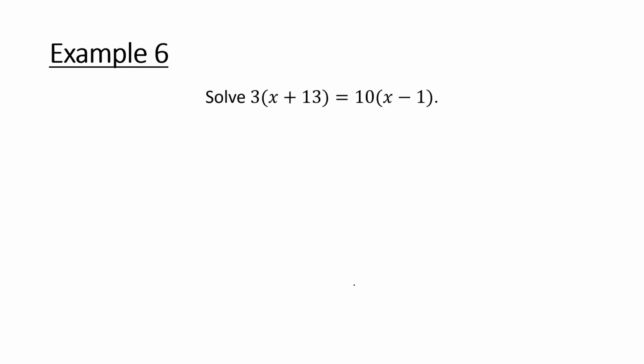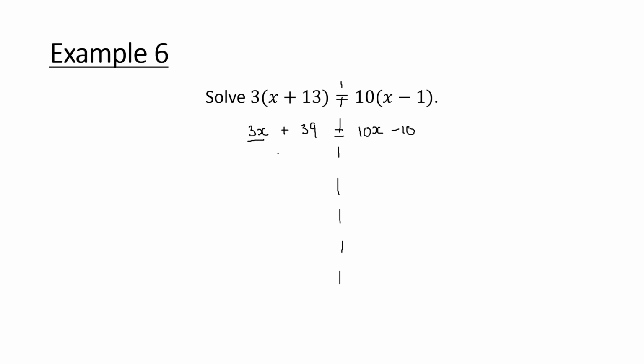Another example, we've got 3 times x plus 13 and then 10 times x minus 1. So again, first thing you have to do is expand that bracket. So you get 3 times x is 3x, 3 times positive 13 is positive 39, is equal to 10 times x is 10x, and 10 times minus 1 is minus 10. Now have a look which one has the smallest amount of x's.